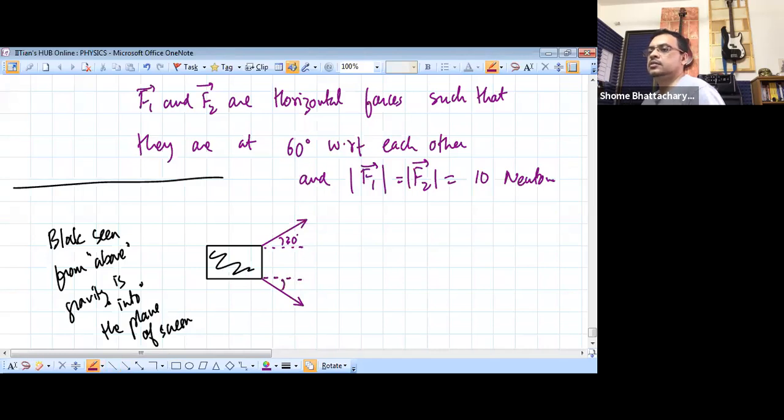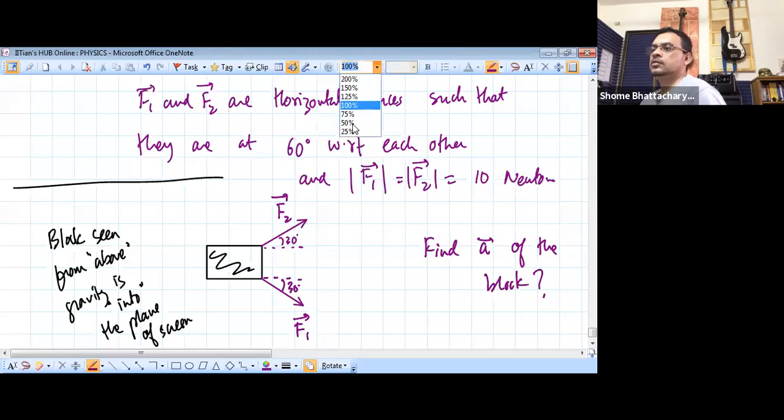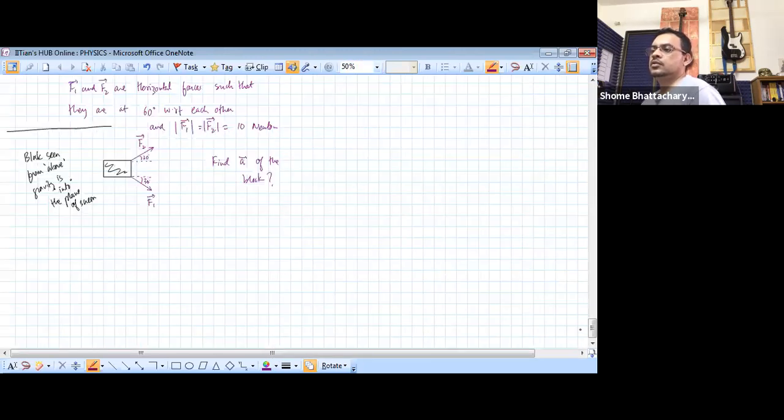We have to add them like this. This is F1. This is F2. So we have to find the acceleration of the block. Just try this out now.